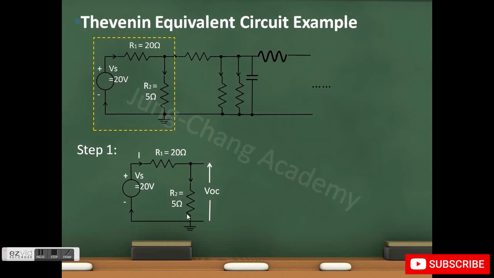So the voltage across R2 is just the total voltage Vs times R2 divided by R1 plus R2, which is 4 volt. Thevenin tells us that this open circuit voltage will be the Thevenin equivalent voltage Vt.